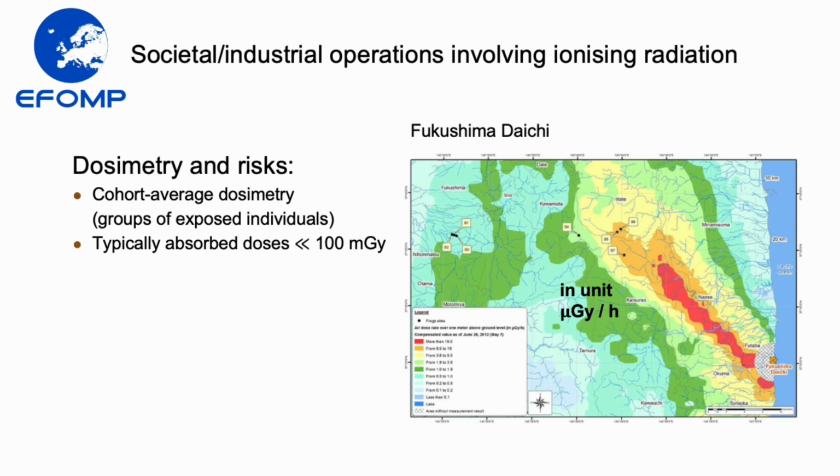This is a map over the Fukushima Daiichi region, where there was a release in 2011 owing to that accident. In this environmental situation, the absorbed doses are typically well below 100 milligray. So we use cohort average dosimetry to estimate the risks associated with radiation exposure.